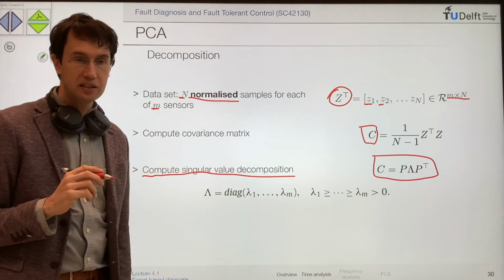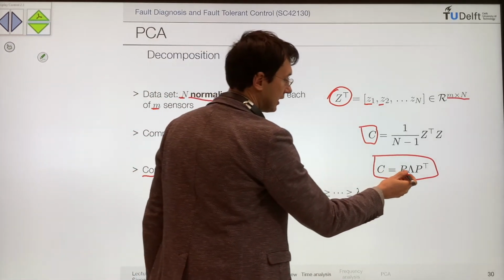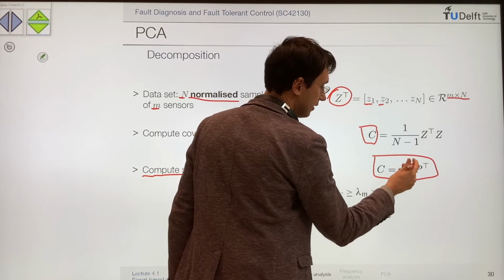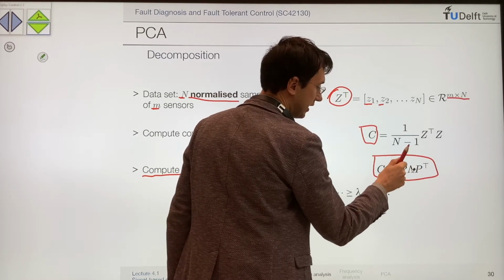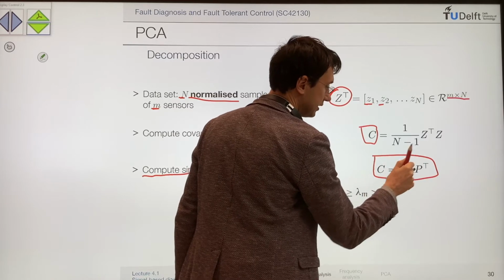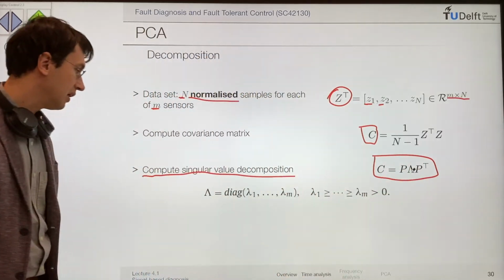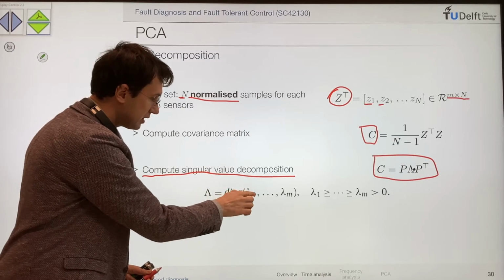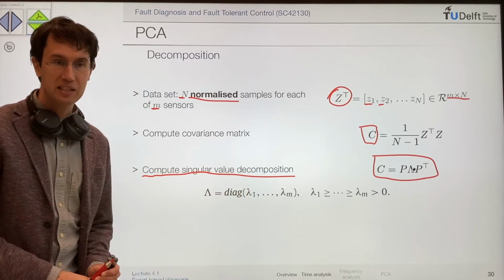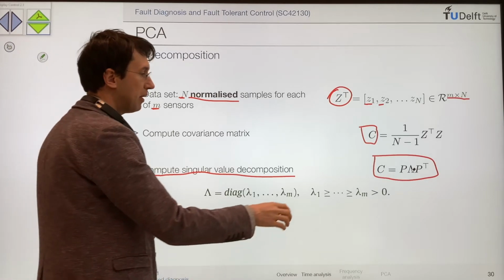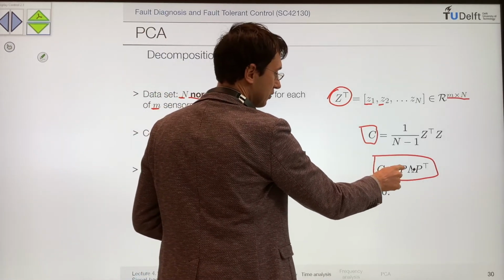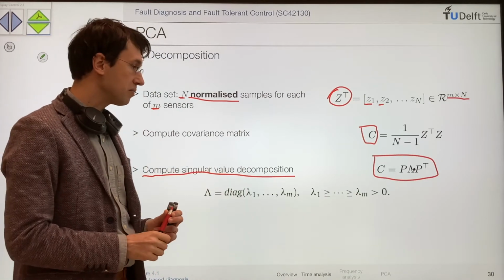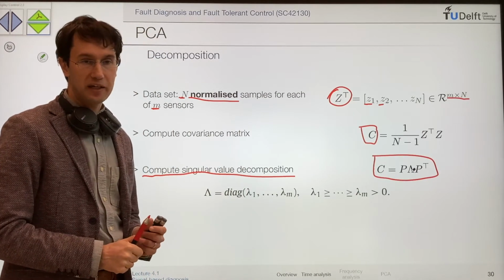And as a result, you get a diagonal matrix lambda, and these orthogonal matrices P. The matrix lambda contains on its diagonal the singular values. But P, the orthogonal matrix P, has on its columns the singular vectors.